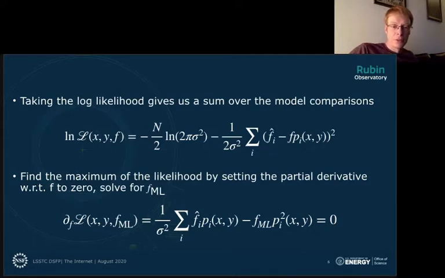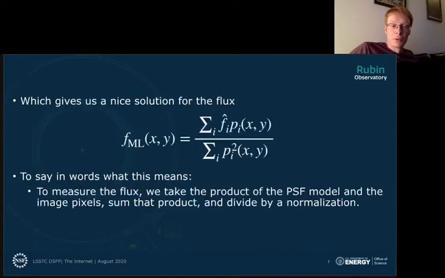That gives you these two terms. You pull the PSF over into a summation, you pull the maximum likelihood flux over on its own, and then you get the ratio of these two summations, where we're taking the product of the PSF model times the flux in each pixel corresponding to that PSF model pixel.